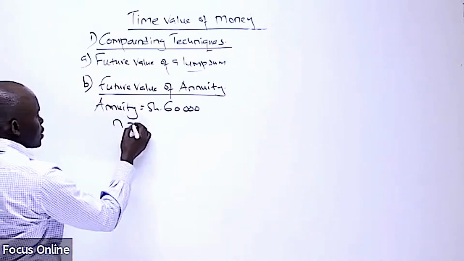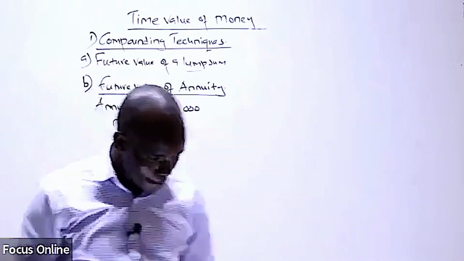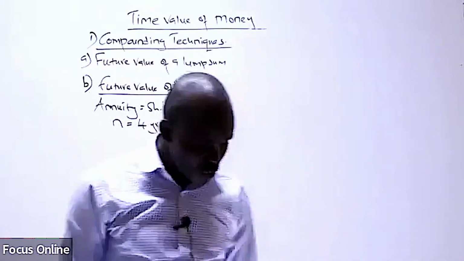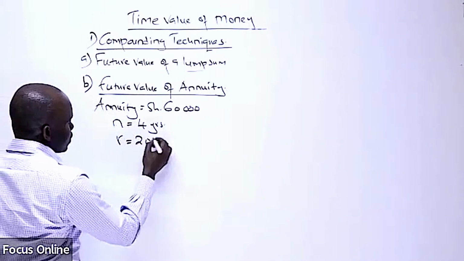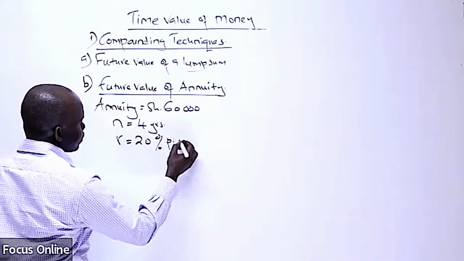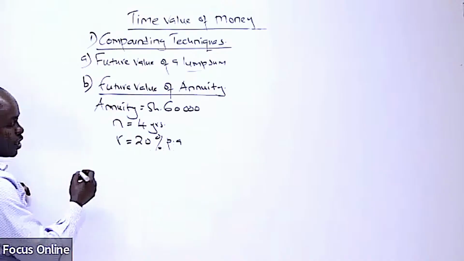Period is 4 years. Then the investment will earn interest at a rate of 20% per annum. So we want the value of the investment after 4 years.